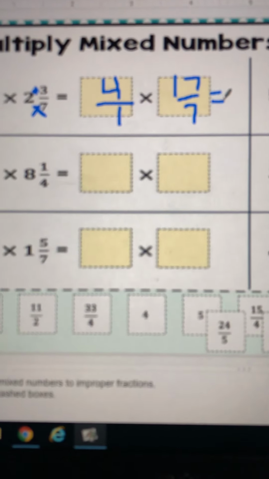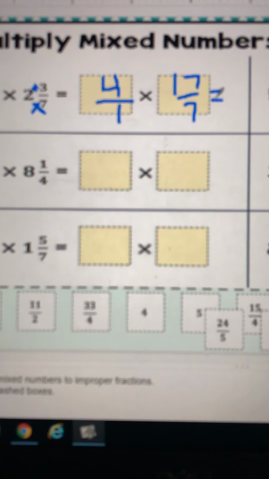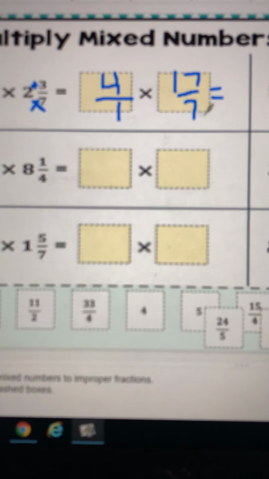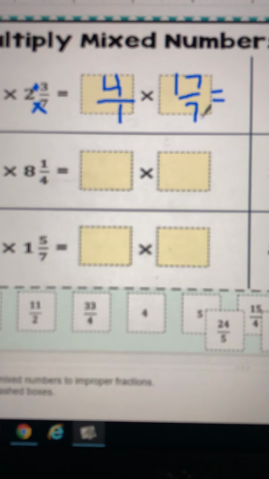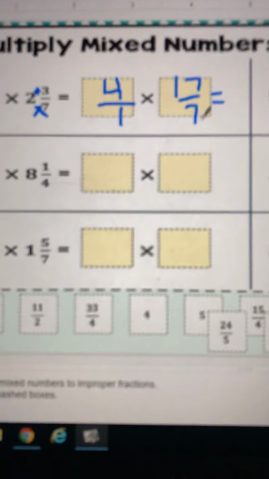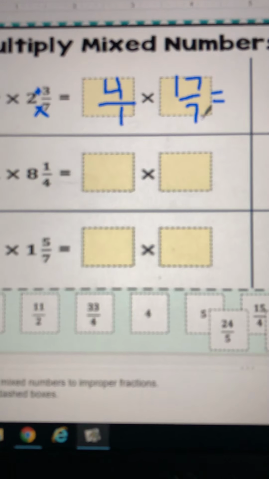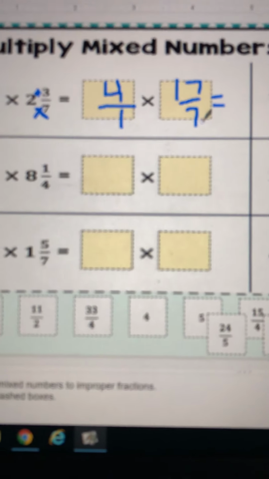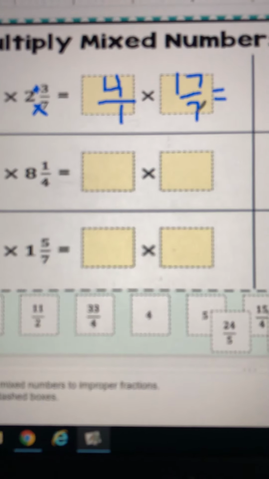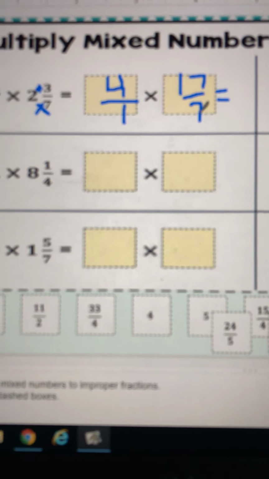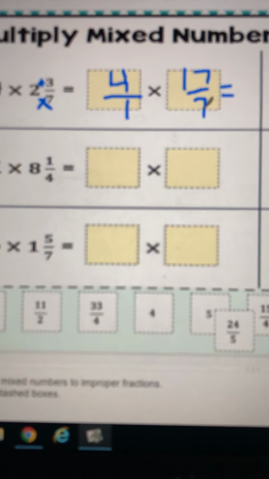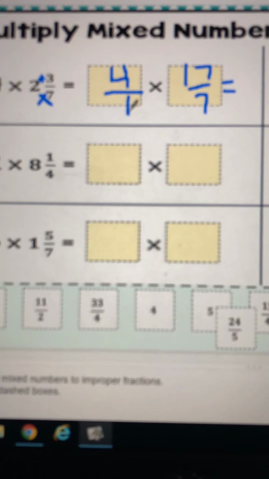Well, just like yesterday, you were introduced to cross-canceling. So let's look at the numbers 4 and 7. Is there anything I can divide both of those numbers by to make each of them smaller? No. If this was 8, it would work because I could divide by 2, but it won't work. Let's look at 1 and 17.